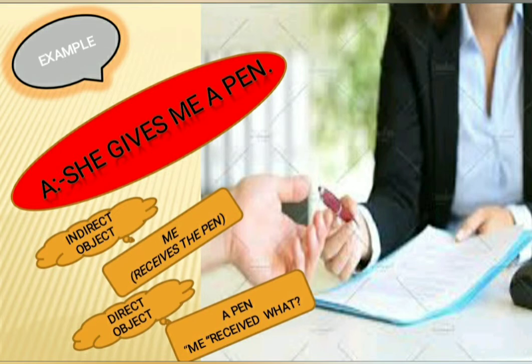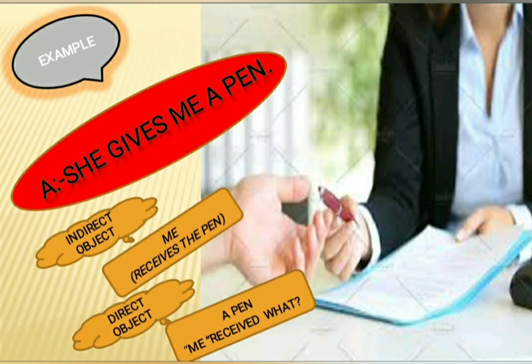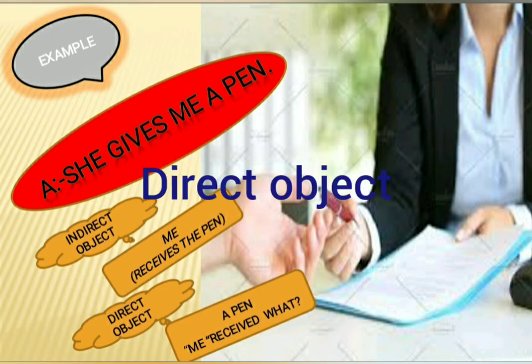So here you can understand that she gives a pen, but to whom does she give a pen? To me. So here me is the person who is receiving the pen. That's why me is indirect object. But what does me receive? So me receives a pen. That's why pen is direct object.